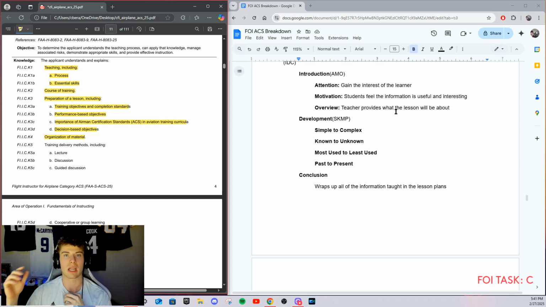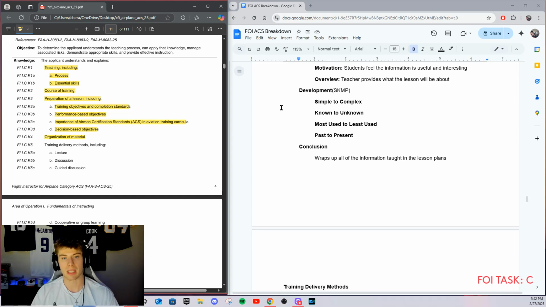And then once you get closer to their check ride, that's when you can start throwing in the little details for the overall everything that they need for their check ride. And then past to present. So that is the development.